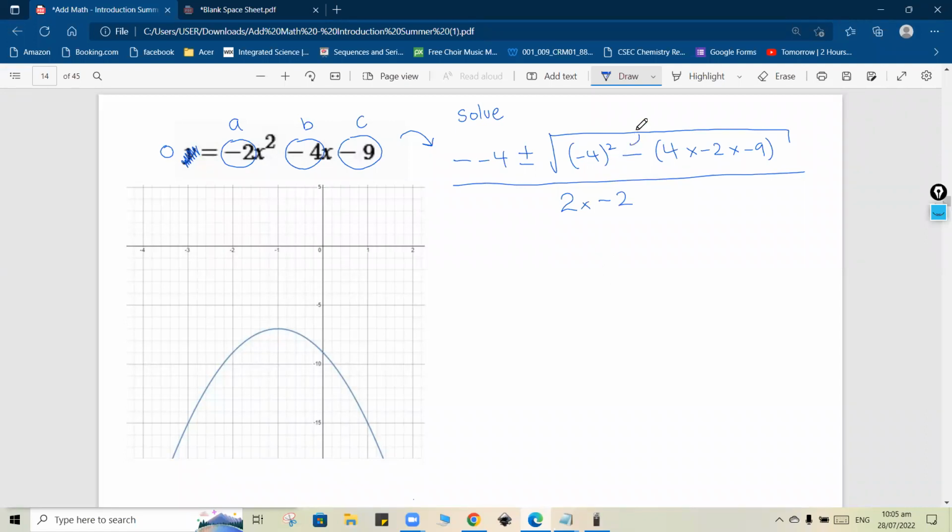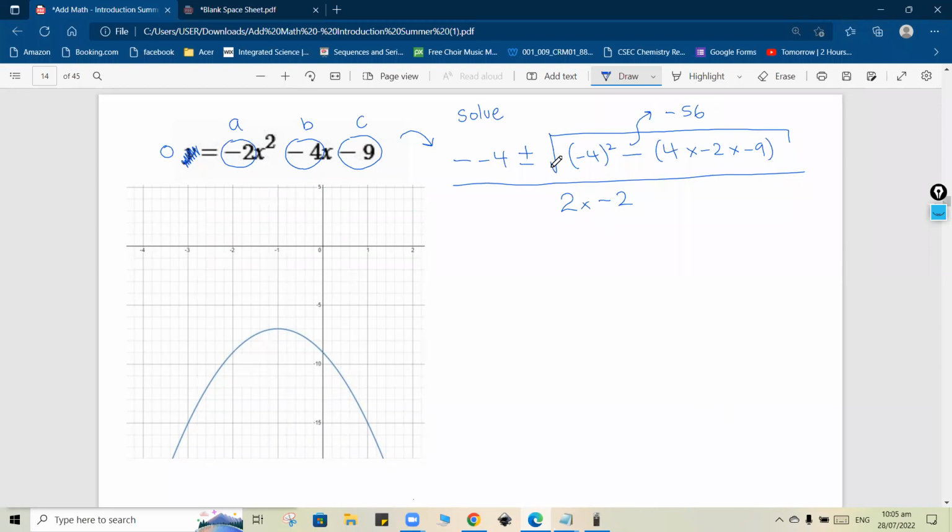Just to clarify, was the number underneath the square root sign, the discriminant, -56? I'm just double checking it on my calculator. Yes, it was -56.